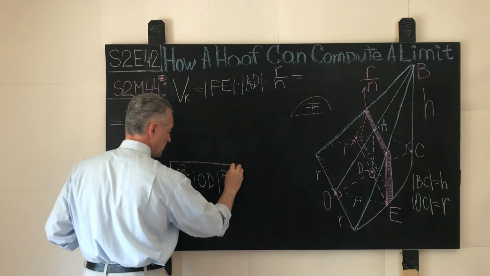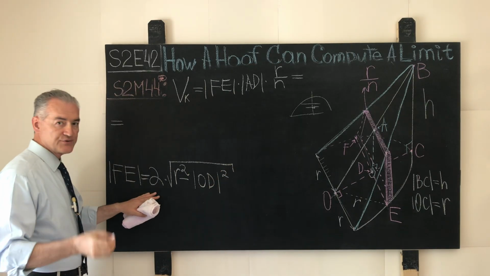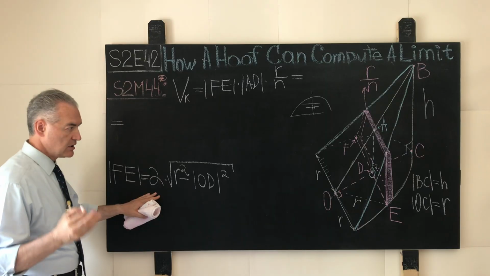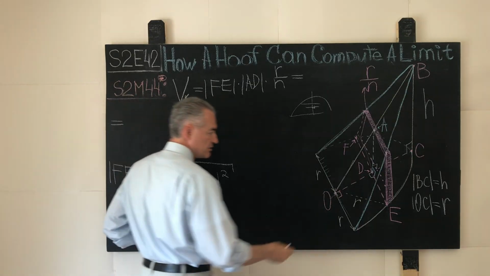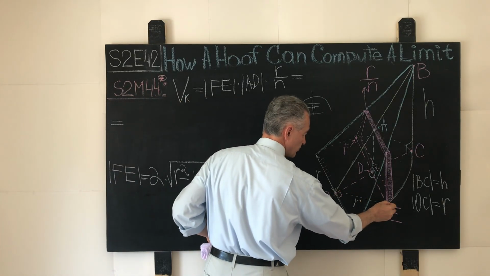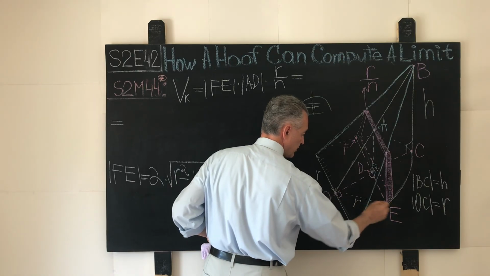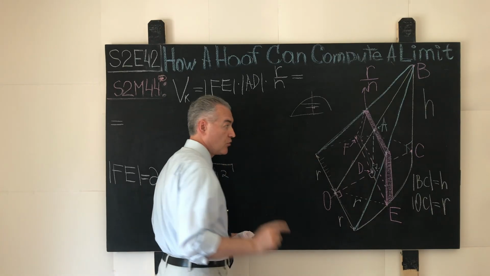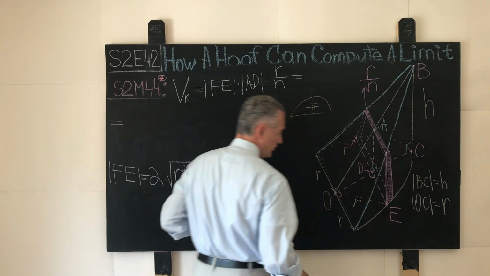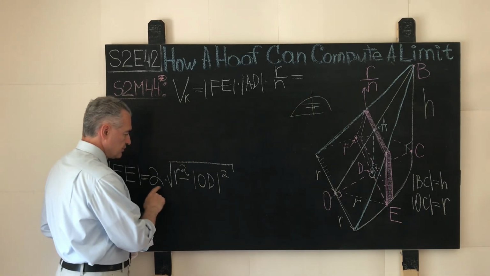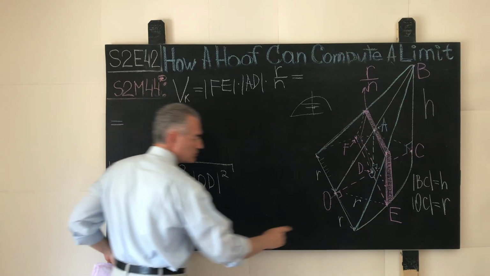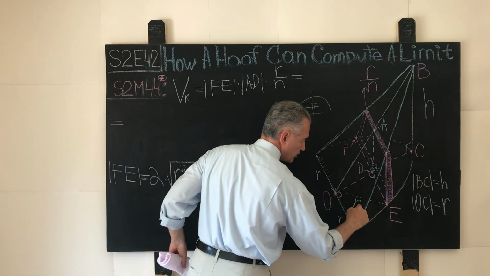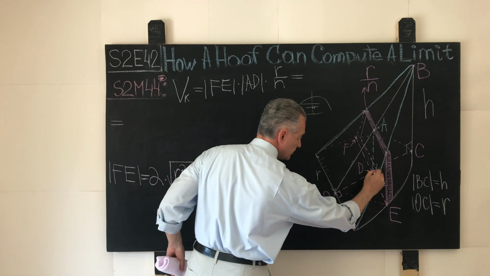You see? That much should be understood. There is no mystery. Again, this is all middle school arithmetic. The triangle ODE is right, so by the Pythagorean theorem for the distance DE, which is one half of the distance FE, we have what? The square root of OE squared, which is R squared, minus OD squared.